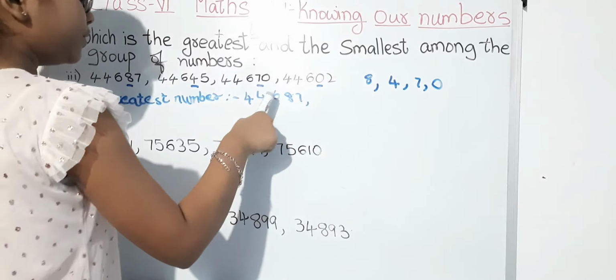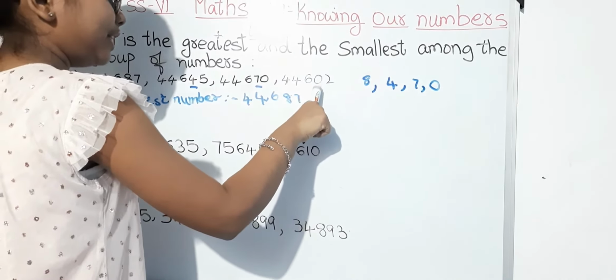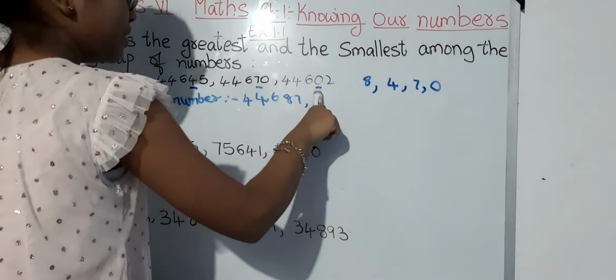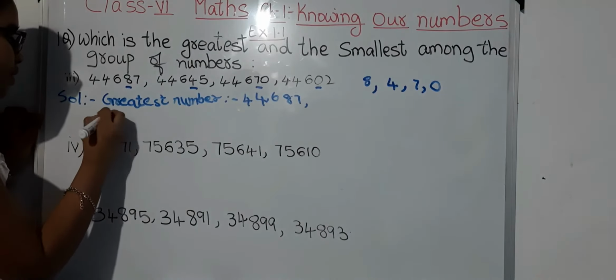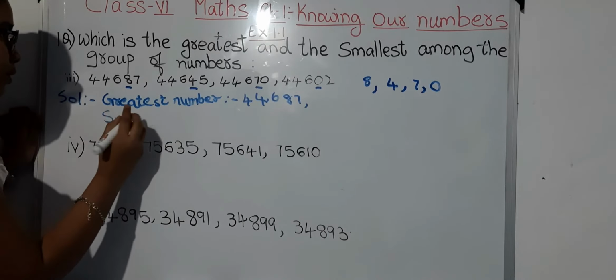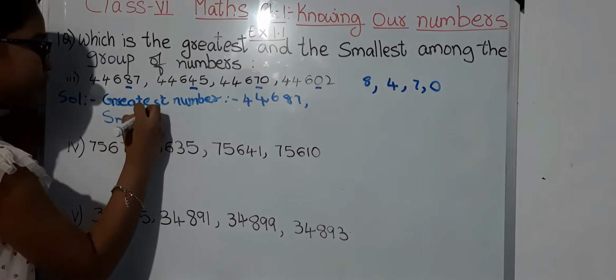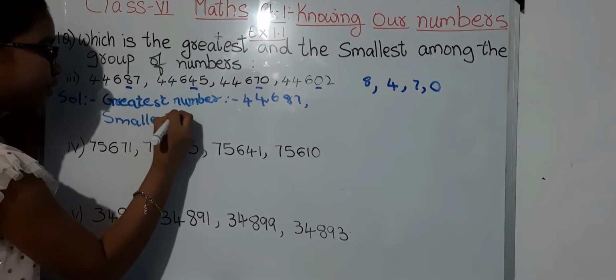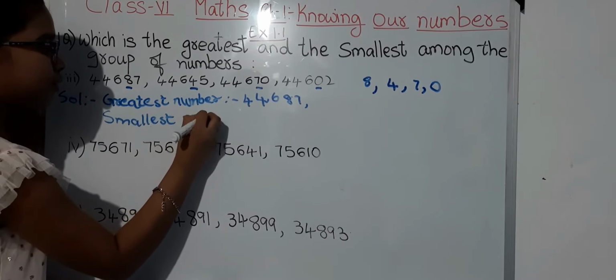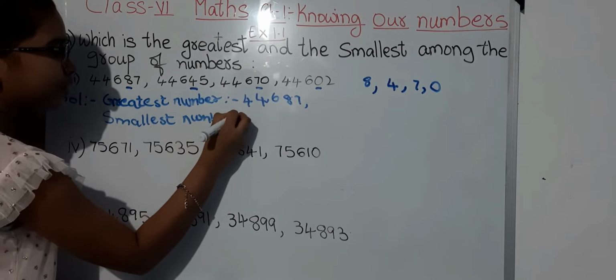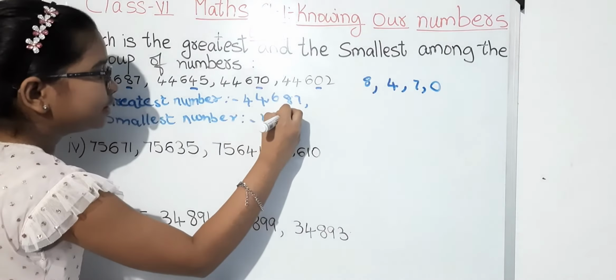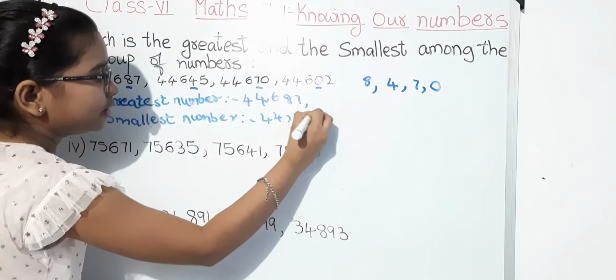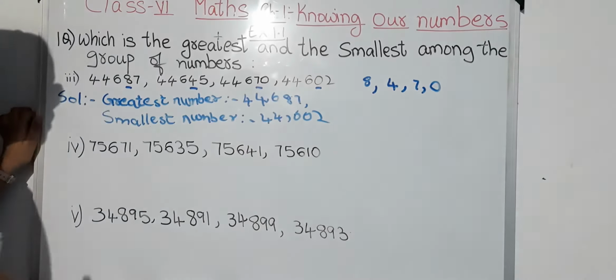So 44,602 is the smallest number. Smallest number is 44,602.